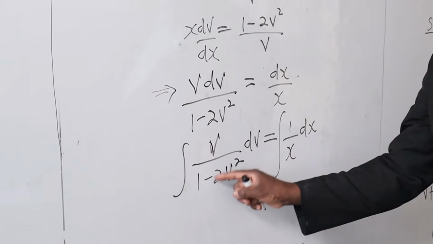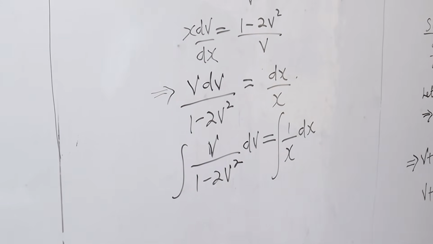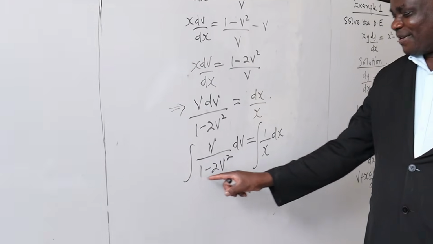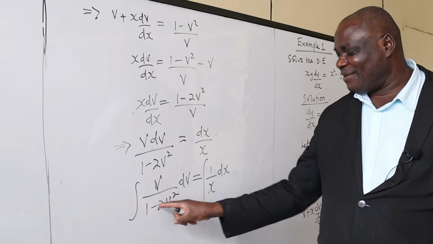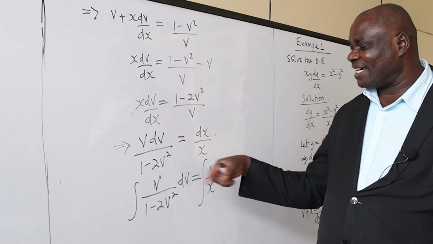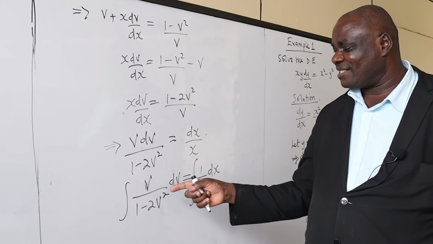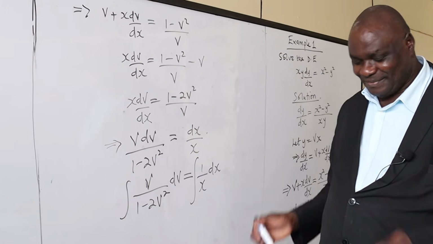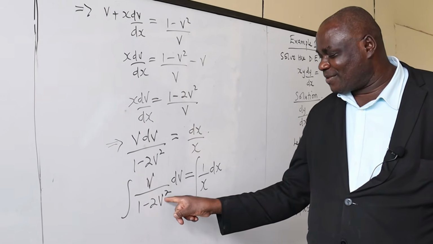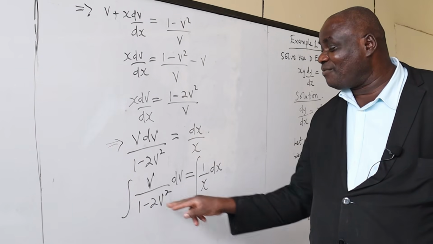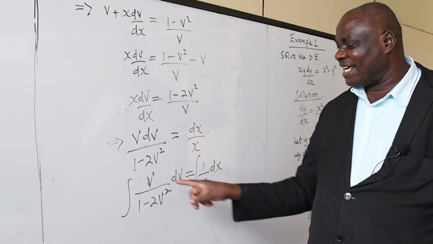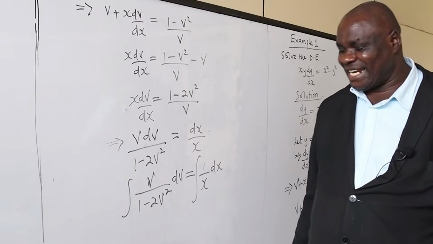Now this is a quotient. We can try to see whether, if we differentiate what we have in our denominator, it gives us something that contains what is in the numerator. So 1 minus 2v squared, when differentiated with respect to v, we get negative 4v. And here we have v only. What is missing is a negative 4.